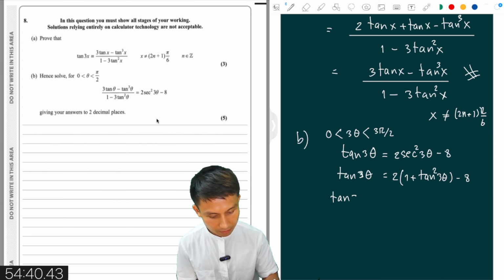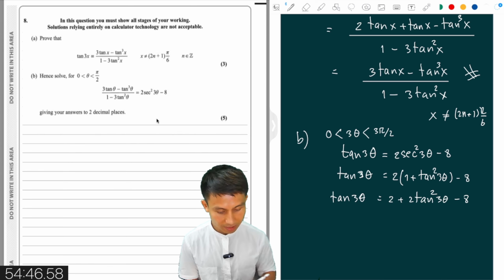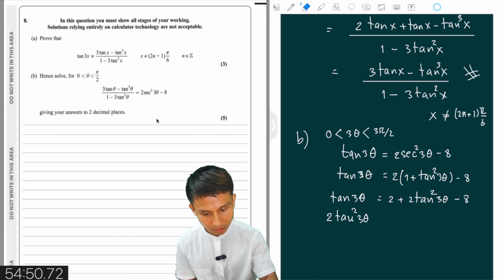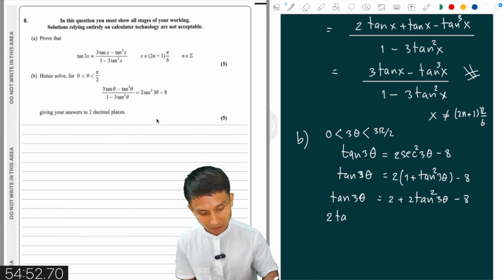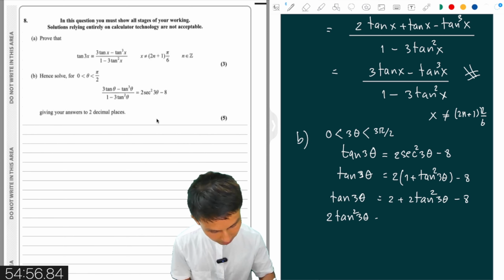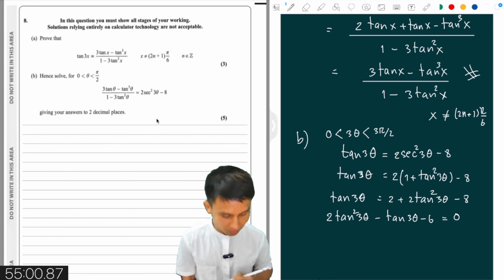And then this is 2 plus 2 tan squared 3 theta minus 8. So 2 tan squared 3 theta minus tan 3 theta minus 6 equals 0.